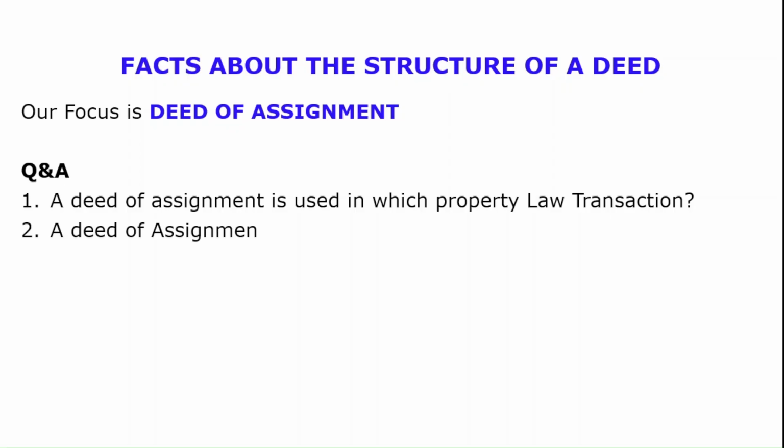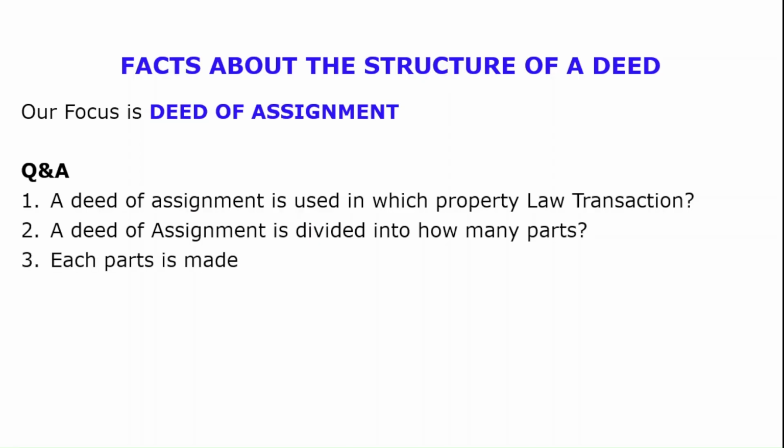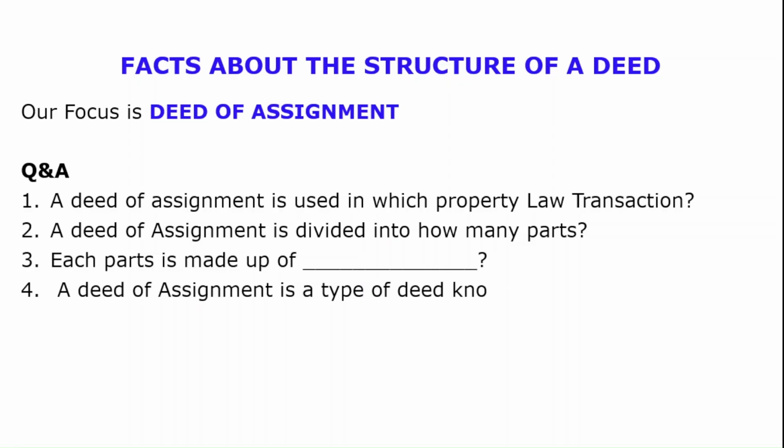Second question is: a deed of assignment is divided into how many parts? The third question: each part is made up of what? Then the last question is: a deed of assignment is a type of deed known as what? So please put the answers in the comment section.